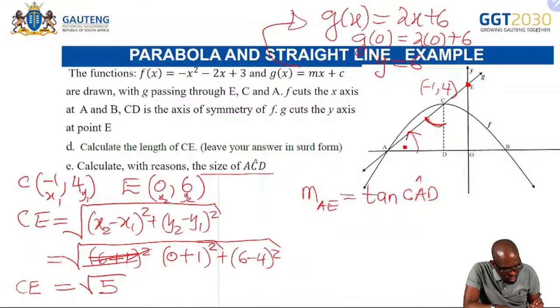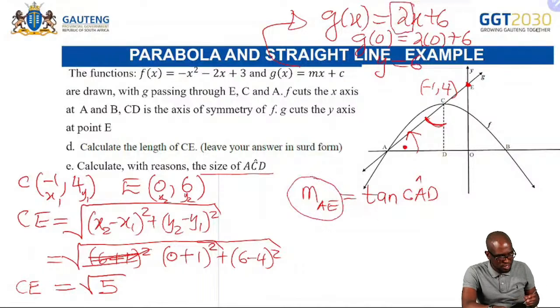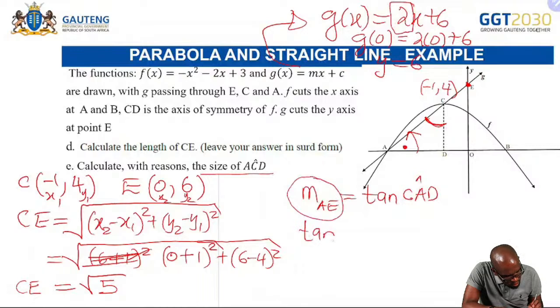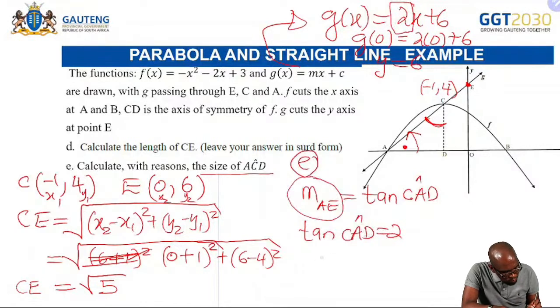It's CAD. We've worked out this gradient. We got that it's 2. It's the gradient of the straight line. So the tangent of CAD is equal to 2. So I want to find angle CAD.